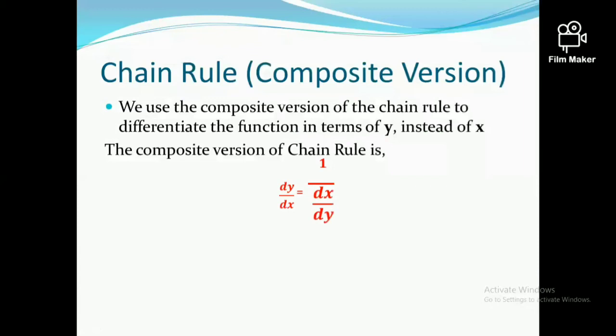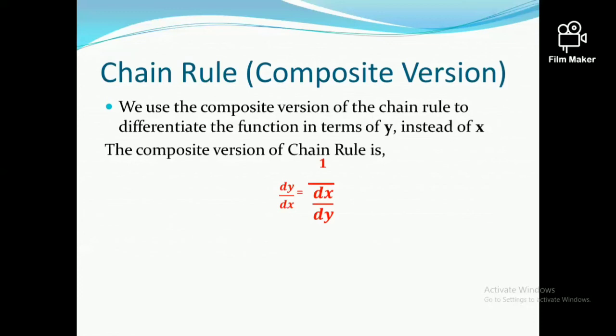Okay. Then this is the other important topic where we need to understand. Actually, we use this composite version of the chain rule. For the moment, we have differentiated functions y equals some function of x. But there are some situations we come across where you get a function of x in terms of y, right?